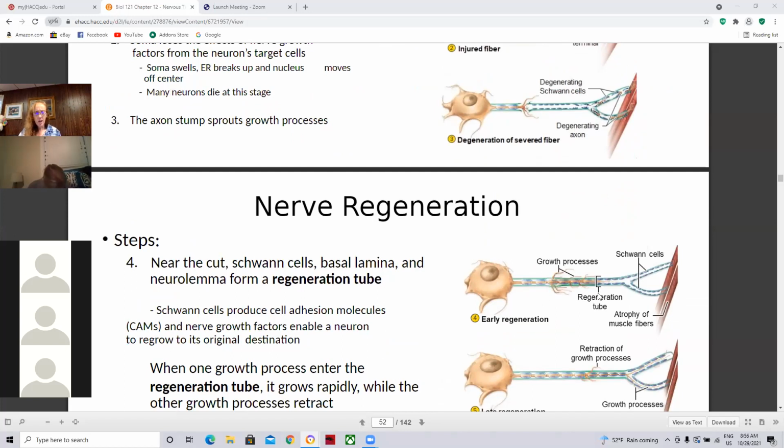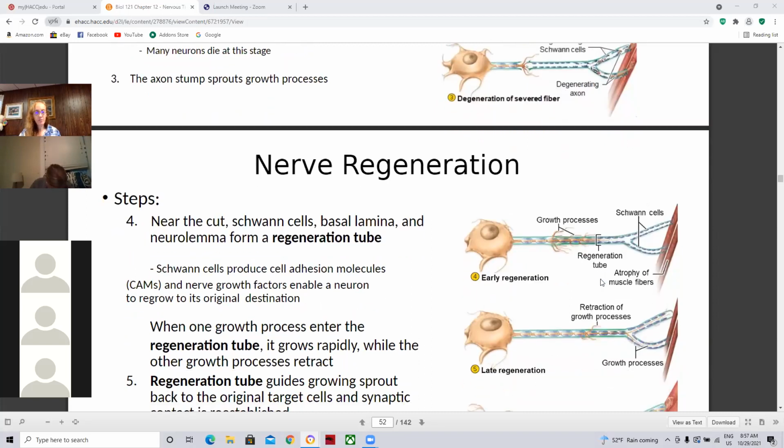And near the cut, the Schwann cells and the basal lamina and the neurolemma will form a regeneration tube. Schwann cells produce cell adhesion molecules, CAMs, and nerve growth factors that enable a neuron to regrow to its original position, original destination.